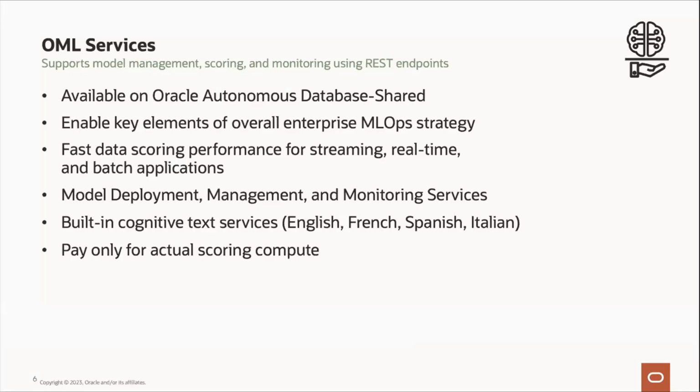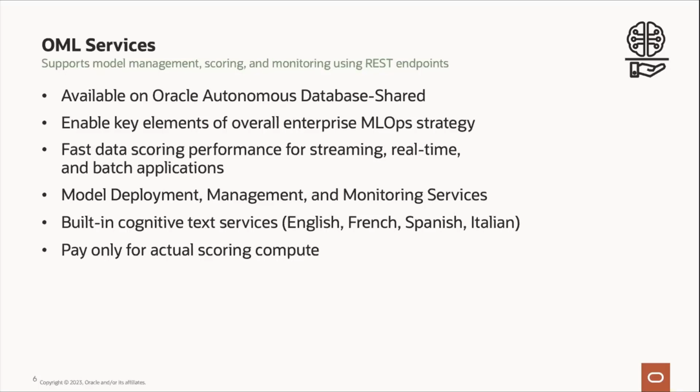So OML Services extend the functionality of Oracle Machine Learning with things such as model deployment, management, and monitoring services as well. This is something that is available on Oracle Autonomous Database Shared, and it really enables some key functionalities for an effective enterprise MLOps strategy.